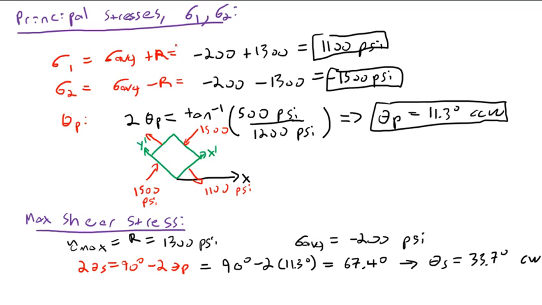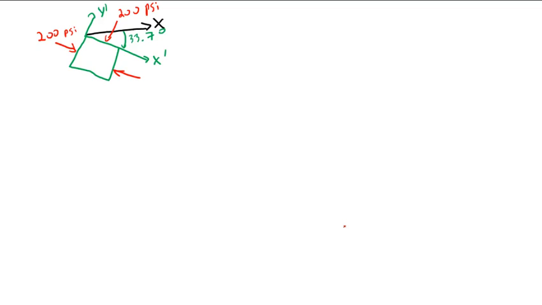So like I said, negative 200 psi or 200 psi in compression. So 200 psi, 200 psi, 200 psi, 200 psi, and the shear stress is going to be negative here. So I'm going to draw it as a negative orientation.